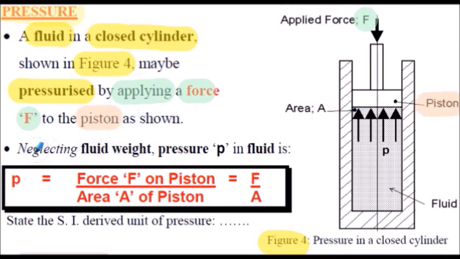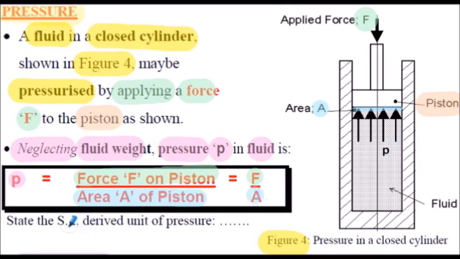If we neglect the weight of the fluid, then the pressure, P, in the fluid is defined by the following formula. So pressure P is equal to the force F applied to the piston divided by the cross-sectional area, labelled as A here, which is the area of the fluid in contact with the piston. So in other words, P is equal to F divided by A.